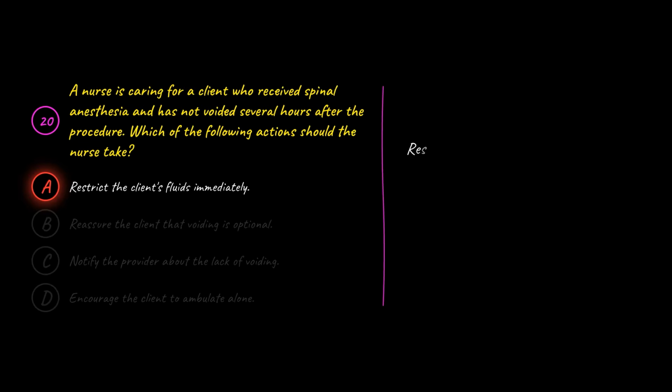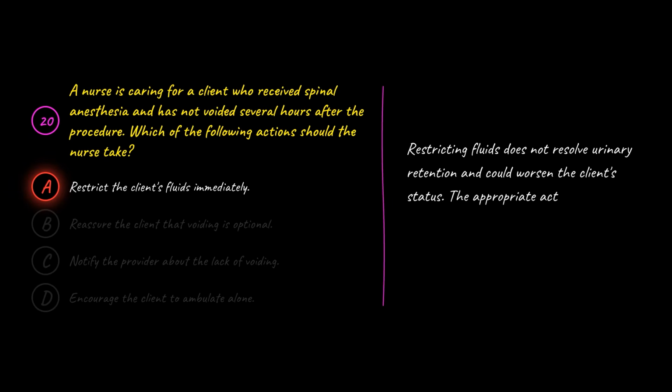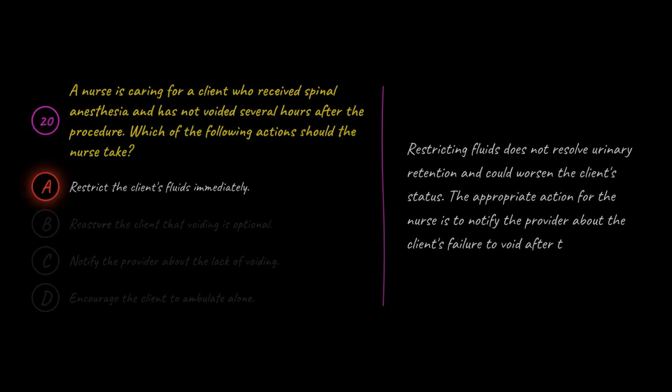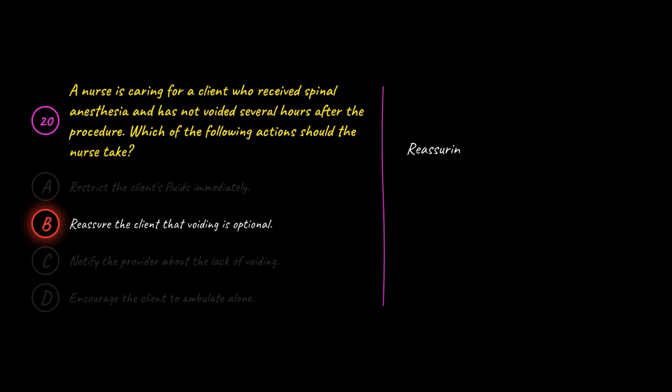A is wrong because restricting fluids does not resolve urinary retention and could worsen the client's status. The appropriate action for the nurse is to notify the provider about the client's failure to void after the spinal anesthesia. B is wrong because reassuring the client that voiding is optional ignores the retention that can follow spinal anesthesia.